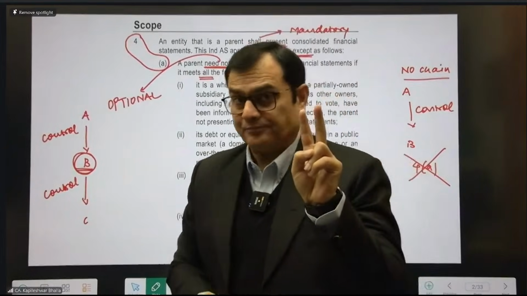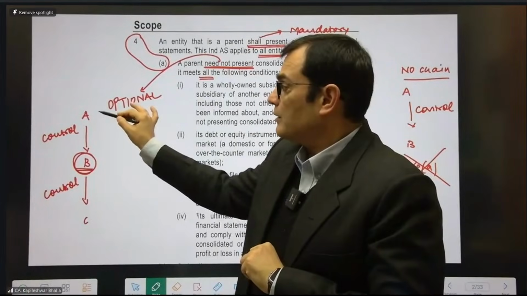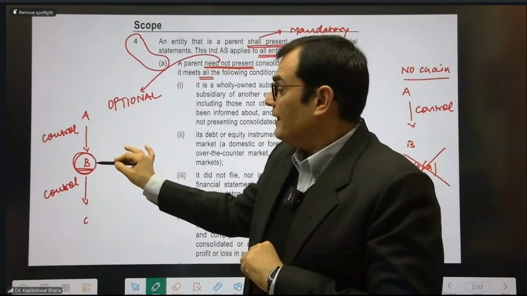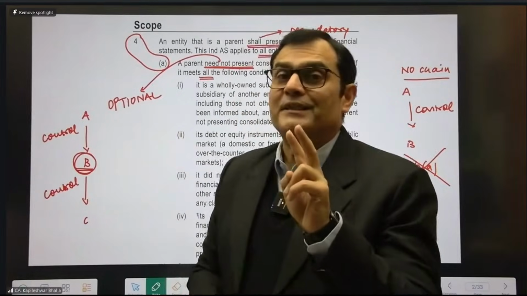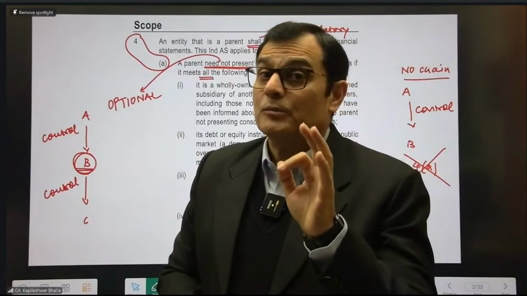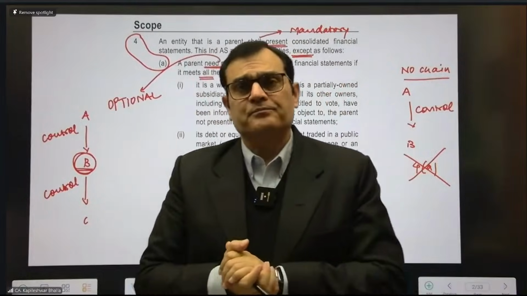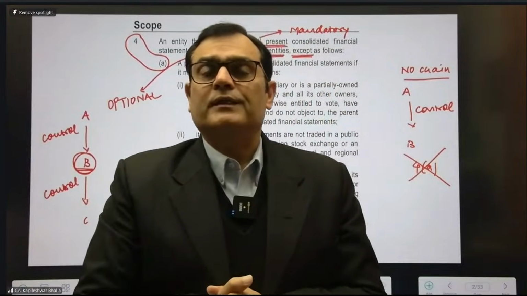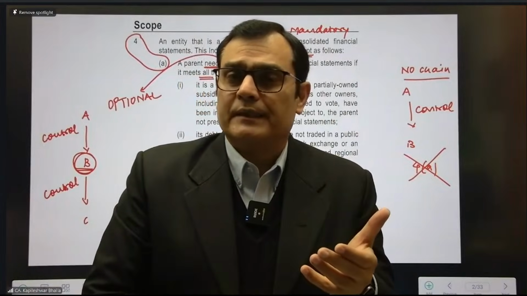Let me put it again. If A gets control over B, A is supposed to consolidate B. When B gets control over C, A will be required to consolidate both B and C. And B will also be required to consolidate C. Now that could duplicate the efforts. Because if A is already consolidating B and C, then why ask B to consolidate C?